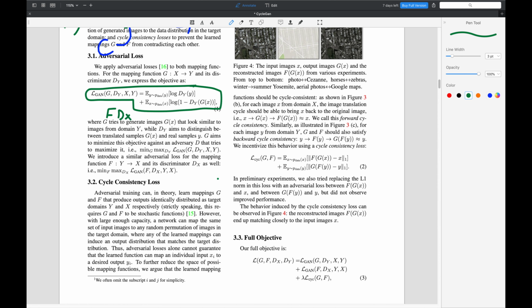And the cycle consistency loss function, as mentioned before, should minimize the difference between the input and the translated back output. It simply does that by minimizing the L1 loss distance, like this. So it minimizes the pixel space difference between X and the translated back output, and Y and the translated back output.